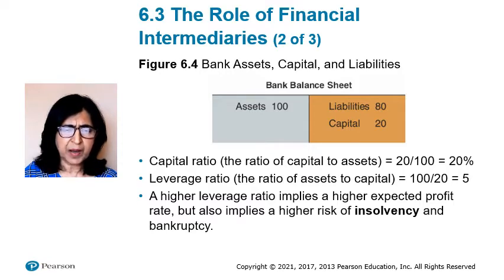In thinking about what leverage ratio it should choose, the bank has to balance two factors. A higher leverage ratio implies a higher expected profit per unit of capital, but also implies a higher risk of insolvency and bankruptcy.